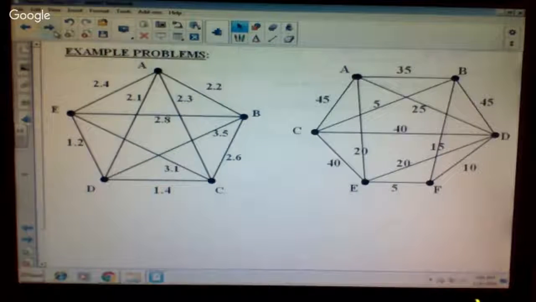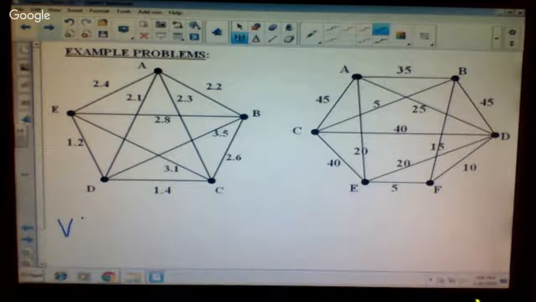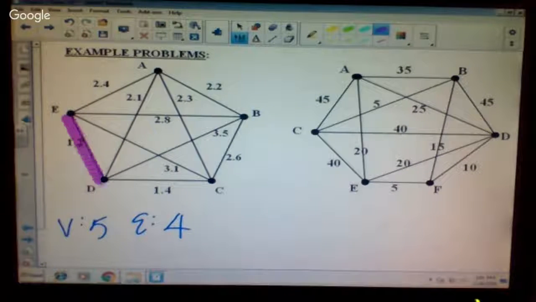All right. So we've got 2 more examples and we're finished. So the first one on the left, how many vertices do I have? 5, which means I need how many edges? 4. My goal is 4 edges. So let's see. What's my cheapest? 1.2. There's edge 1. 1.4.